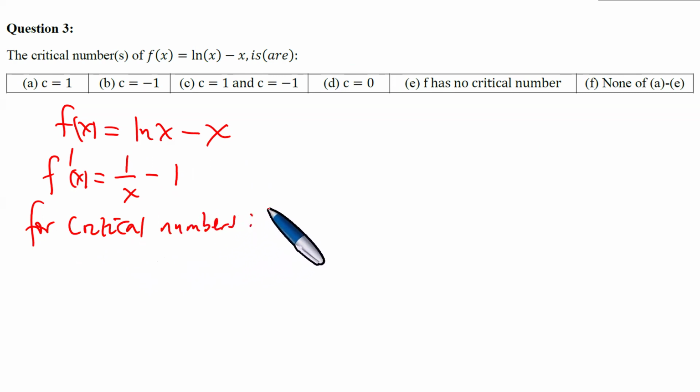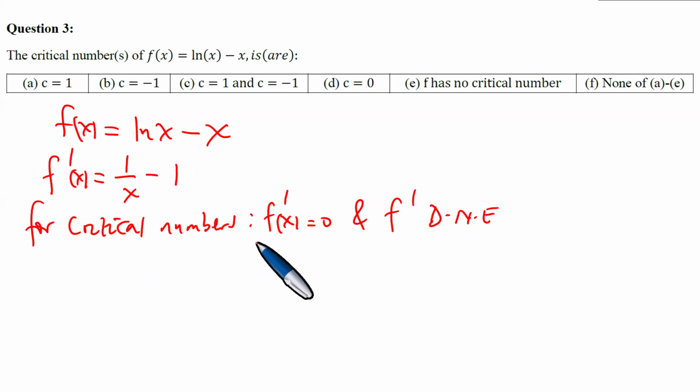For critical numbers, we take the derivative f prime of x and equate it to 0. But also we look at where f prime does not exist.